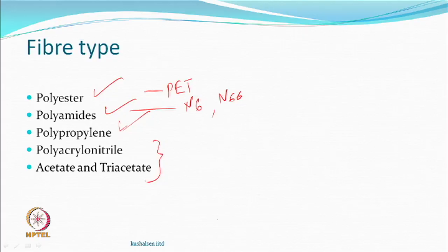In triacetate, all the hydroxyl groups have been taken care of. In the acetate, at least 2.2 to 2.7 out of 3 have been taken care of. So, they do not form hydrogen bonding. So, they would respond to heat. All right. So, you understand what I am saying, but still not considered good for texturing.